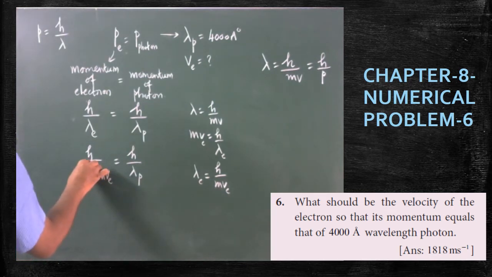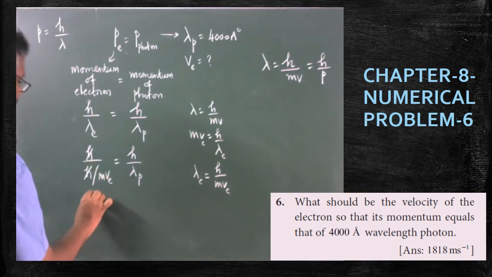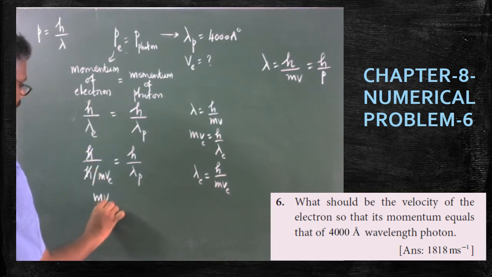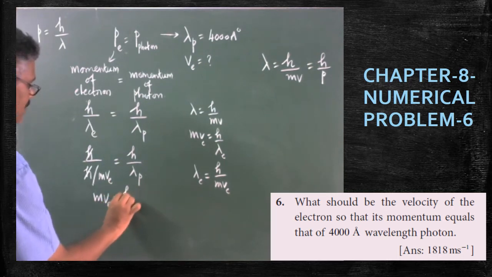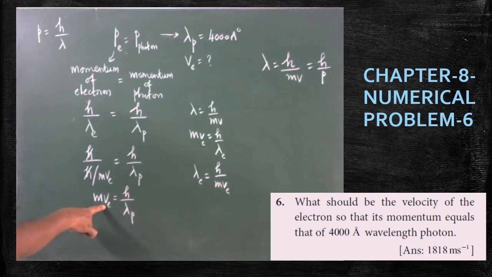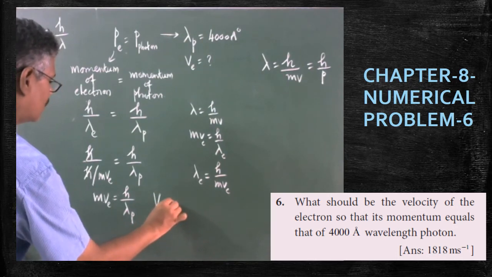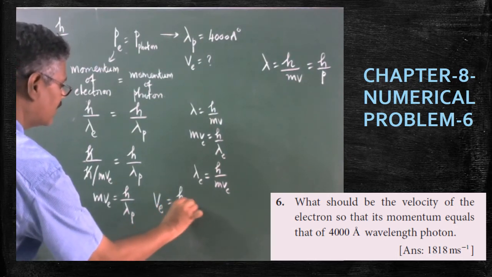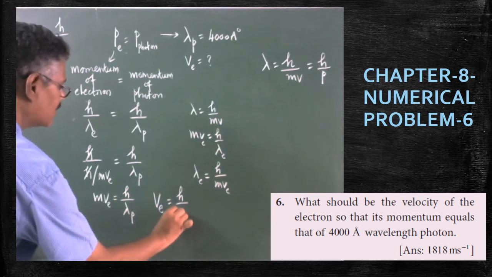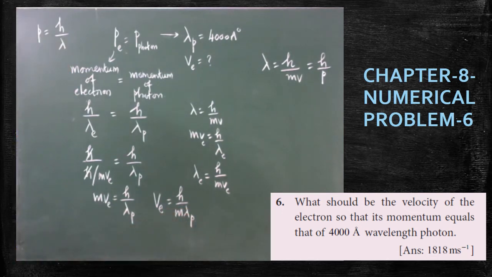These two h can be cancelled, and m into ve can be brought up, equal to h divided by lambda p. So what is required here? Velocity of the electron. It can be written as ve is equal to h divided by m into lambda p.